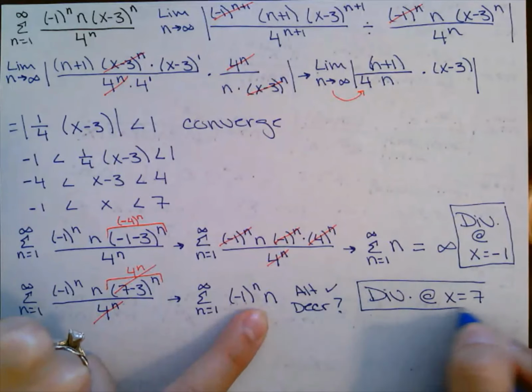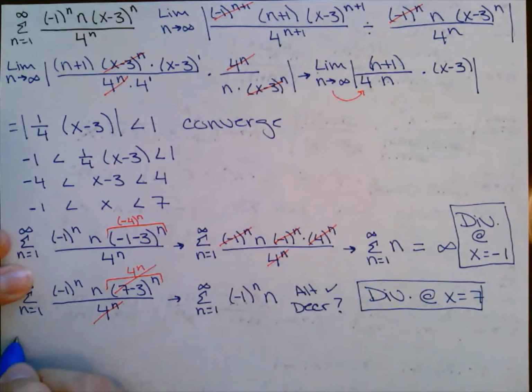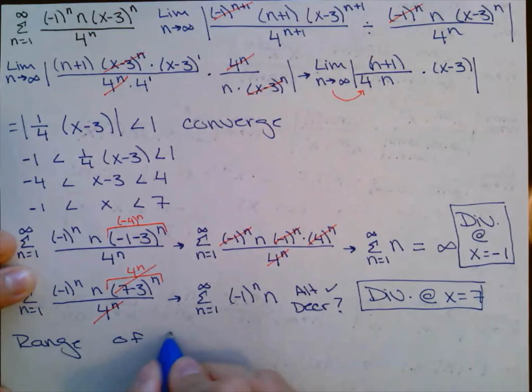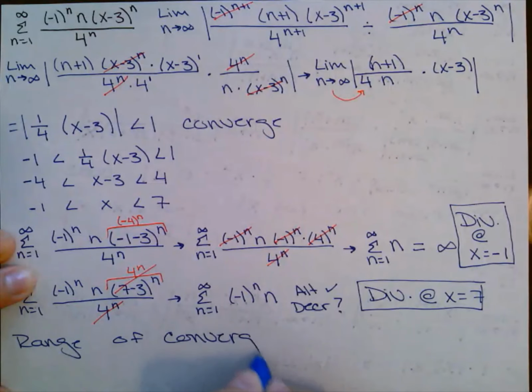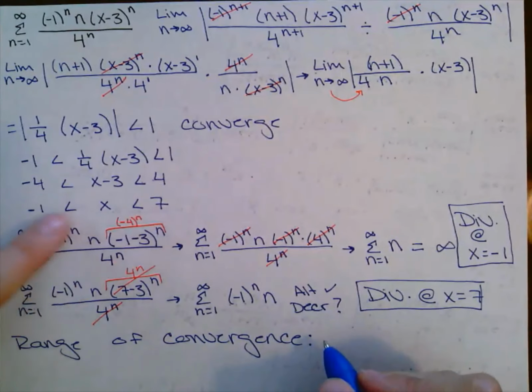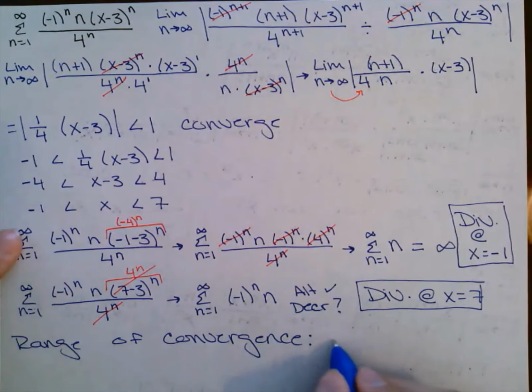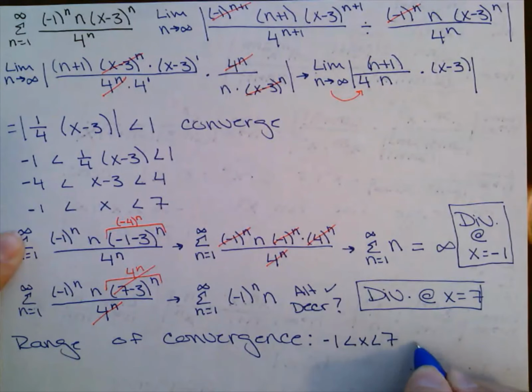Okay, so since they both diverge, when I want to answer my range of convergence, I am not going to include the -1 and the 7, so I do not underline my inequality symbols. I could say -1 to 7 in that notation, or I can say -1 to 7 like this.